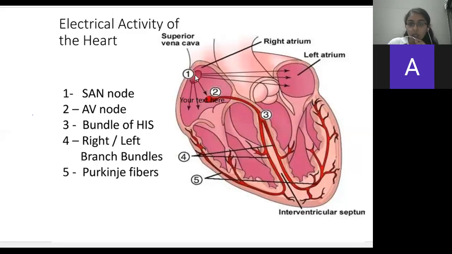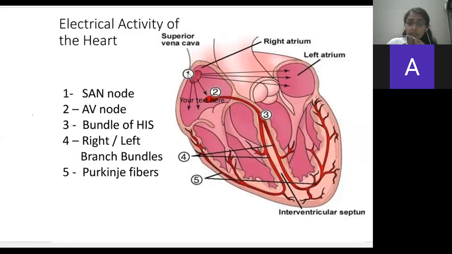It will travel through the interatrial fibers to the left atrium and to the AV node. The AV node is the second stop for this electrical activity, which is then transferred from the AV node to the septal wall, where you can find the bundle of His, then the right bundle, the left bundle, and then the Purkinje fibers.